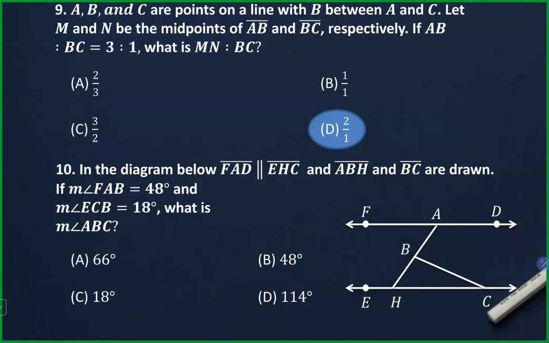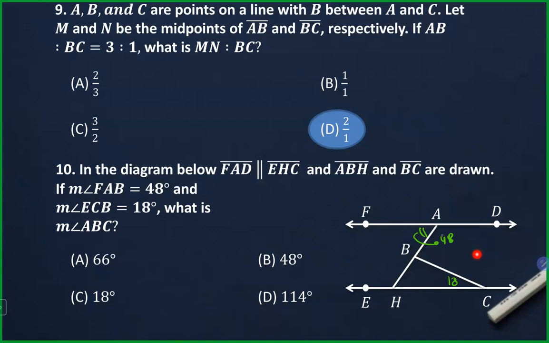If the measure of angle FAB is equal to 48, so this one is equal to 48, and the measure of ECB is equal to 18, this is 18. What is the angle ABC?